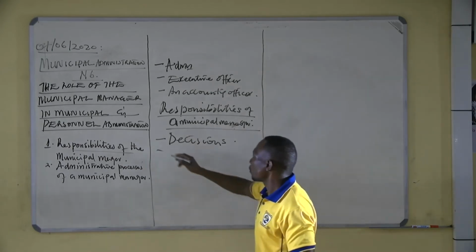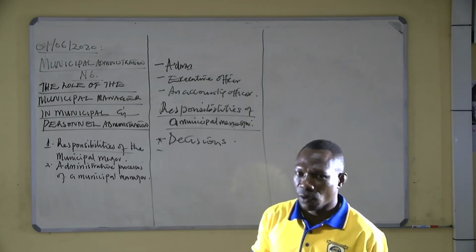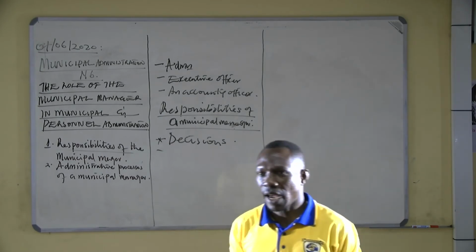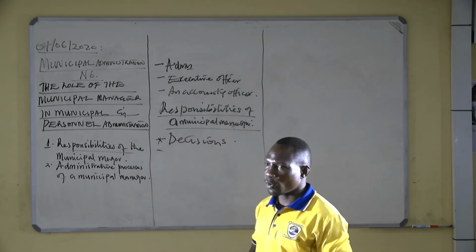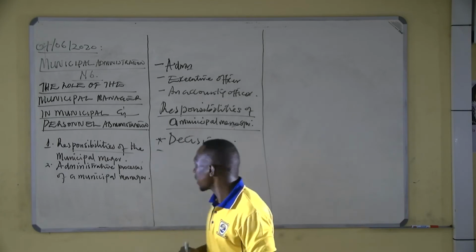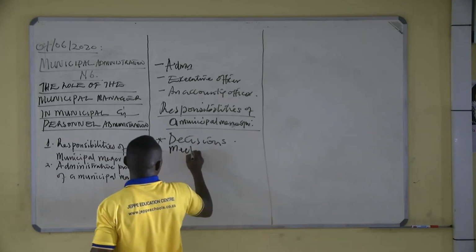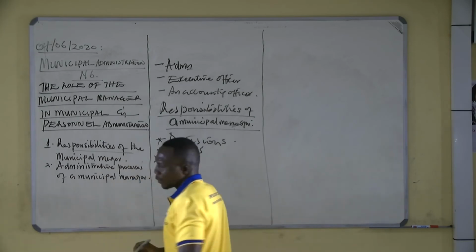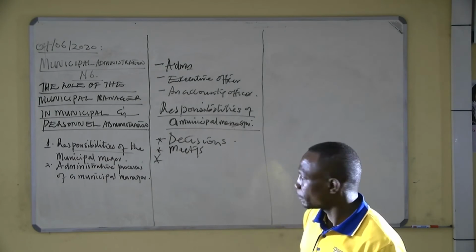And also he should make records by taking minutes of all those meetings as a point of reference, to make sure that he is accountable for each and everything that is going on in the administration of the municipality.